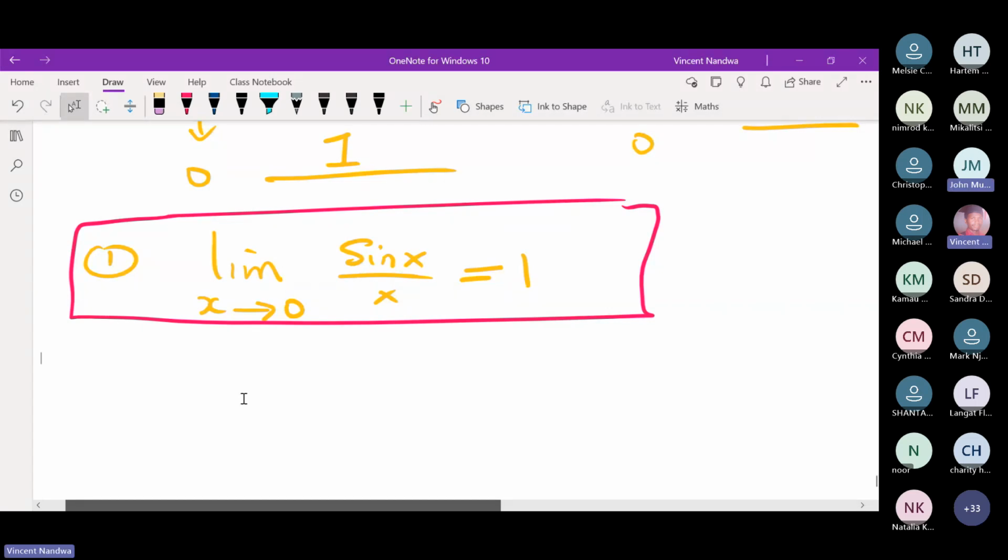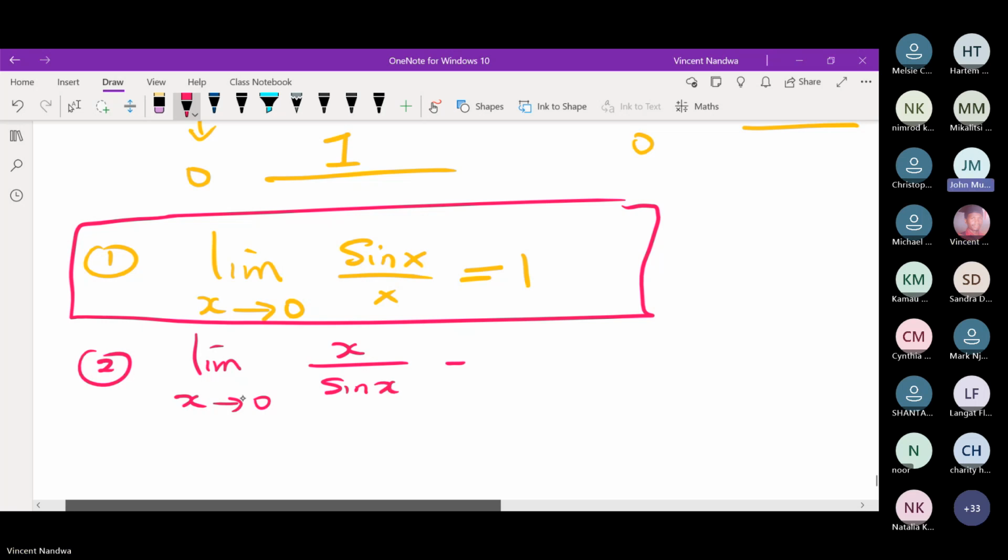Another standard limit you also need to know is that if I interchange this, the limit as x approaches 0 of x over sine of x, if you do the same activity, you will still find the answer is 1.